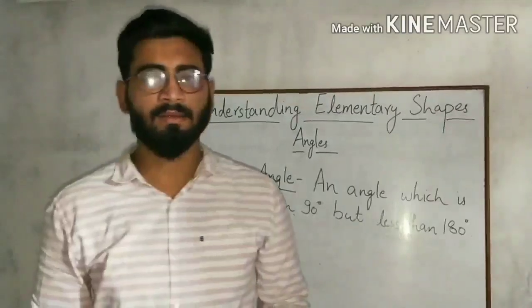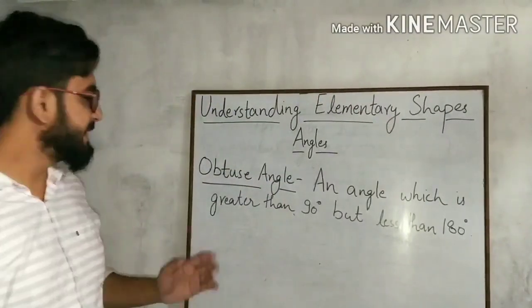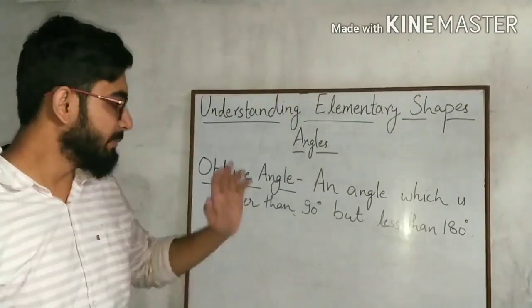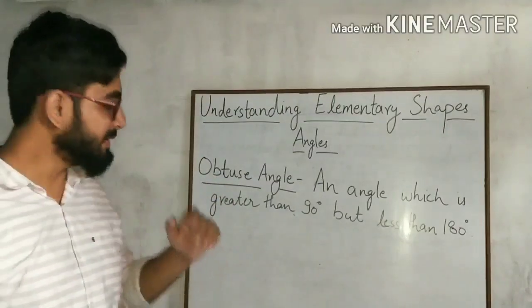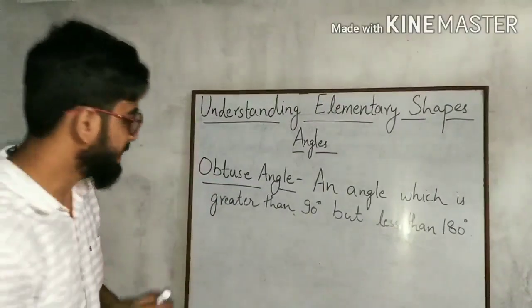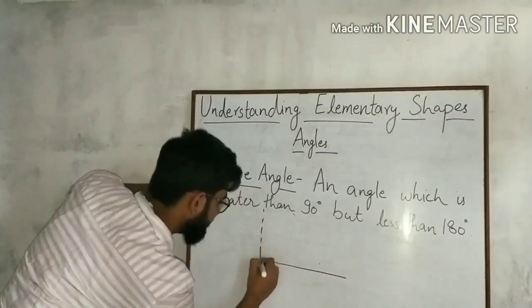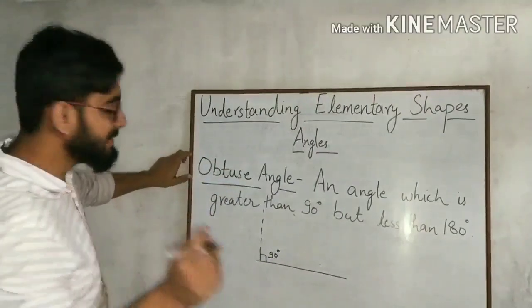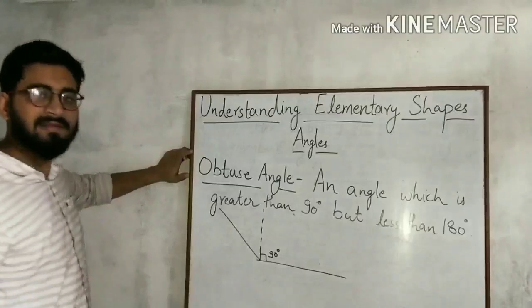Now what is obtuse angle? An angle which is greater than 90 degree but less than 180 degree, that type of angle is obtuse angle. Look here, we know that this angle is 90 degree, and if an angle is greater than 90 degree, like this, it is obtuse angle.